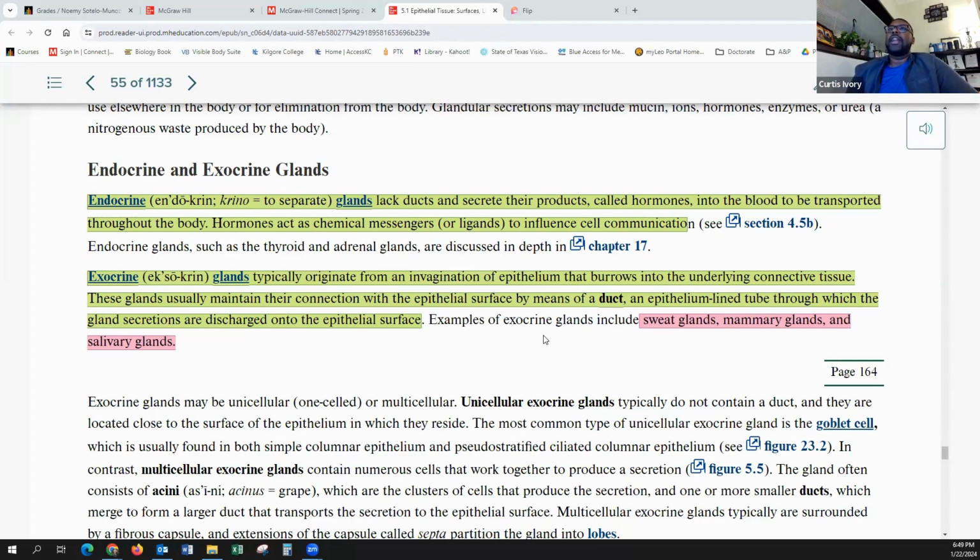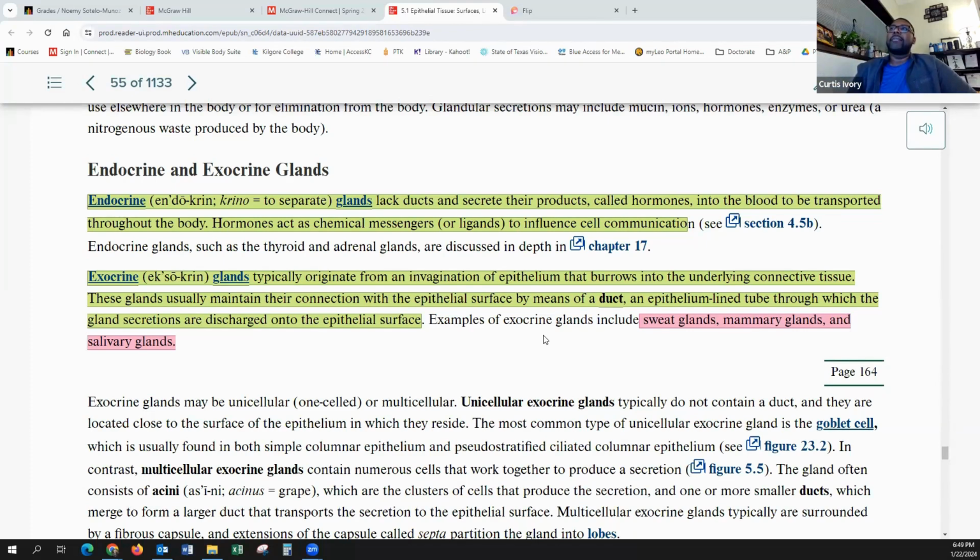Endocrine glands have to secrete their hormones into the bloodstream in order to get their hormones circulated, or they have to push out their hormones around the cell in hopes that the bloodstream picks it up. Exocrine glands are able to eject their hormones out of a duct.